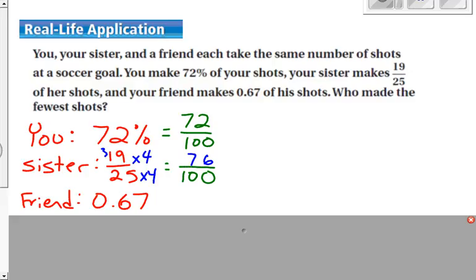And then your friend, in order to change that to a percent, we're going to move the decimal to the right, which is now 67%. And we know 67% equals 67 over 100. So it says who made the fewest shots. Since we have all denominators of 100, we need to find the person that had the smallest numerator, which is 67. So your friend made the fewest shots.